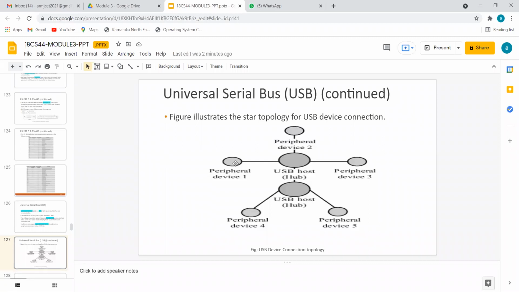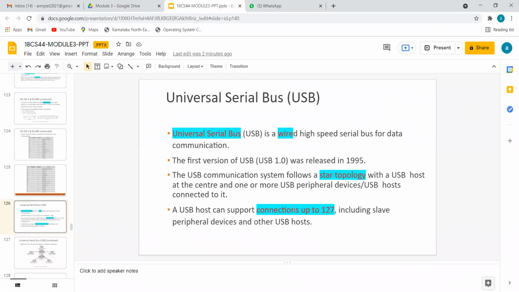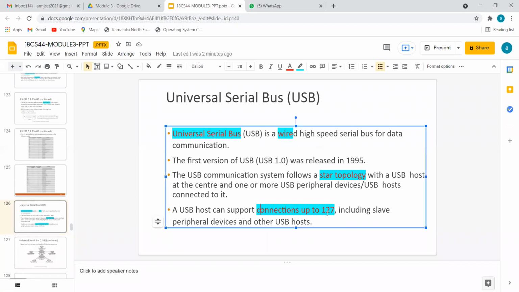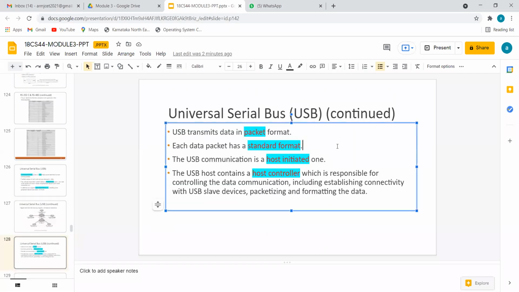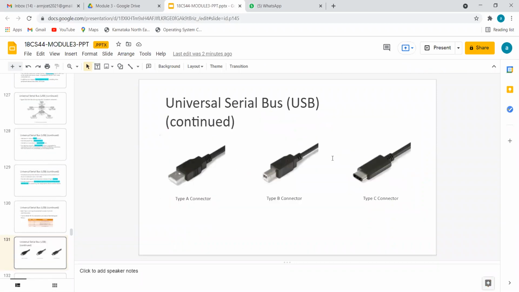You can assume like this: one side a mobile, a digital camera, then a mouse, then a printer, etc. Now this hub itself is nothing but the computer. It will control all the devices you have connected to it, and we can connect up to 127 devices in total.